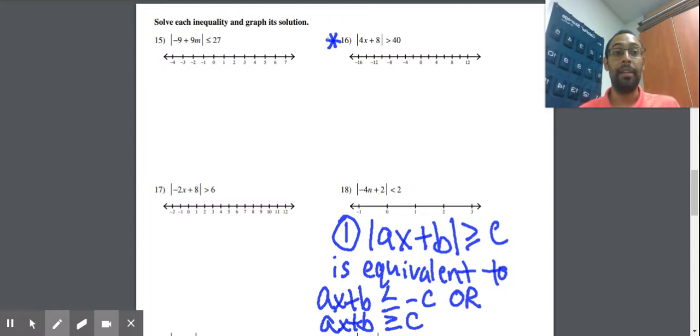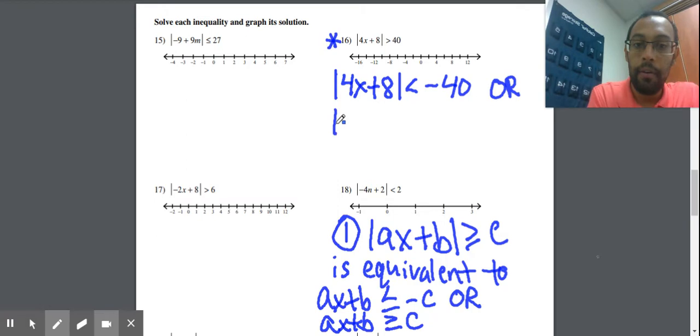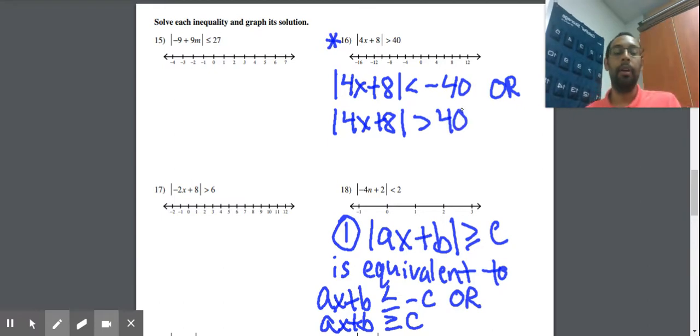So that means I can rewrite this as 4x plus 8 is less than negative 40, or 4x plus 8 is greater than 40. So that's just straight up following from the rule.